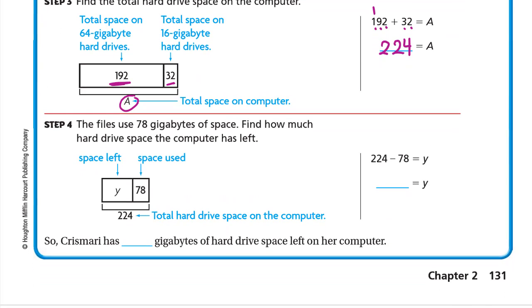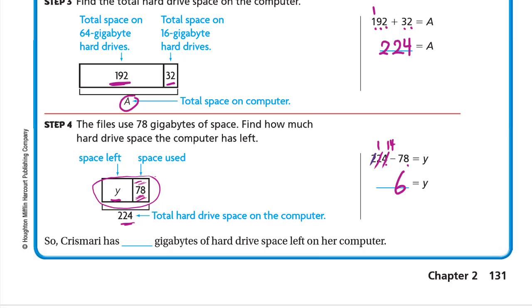Okay, so this is the total space, the 224. We shall subtract the 78 from it to know what is left. We can call it y. So 224 minus 78. So 4 minus 8, it can't be. So we'll borrow from the 2. The 2 will be 1, the 4 will be 14. Now 14 minus 8 is 6. 1 minus 7, we can't.